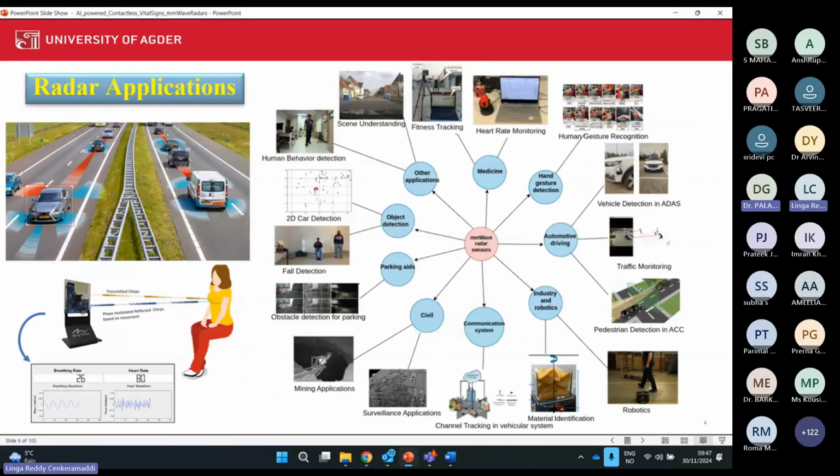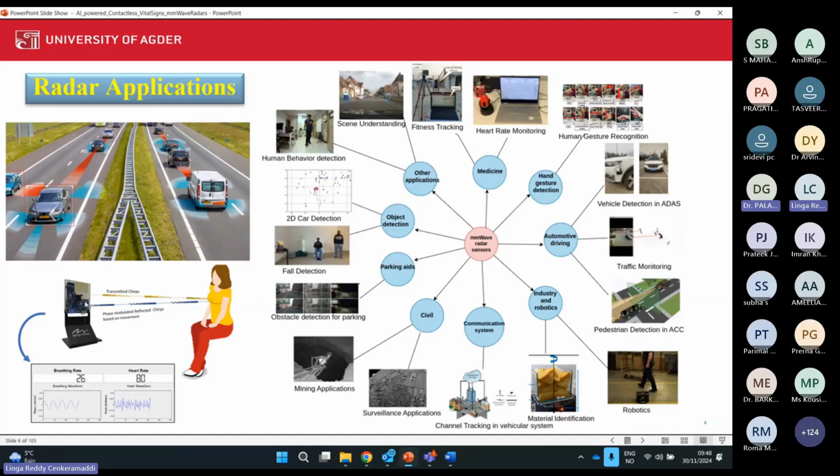Okay. So huge number of applications starting in the medical domain to hand gesture recognition or automotive driving and industrial and robotics and communication systems and civil engineering, parking aids, object detection, medical application actually. So this is how the medical application is done actually.